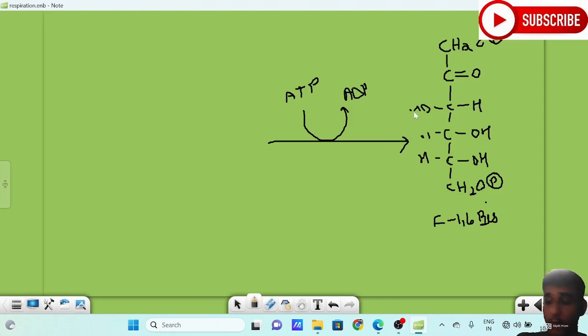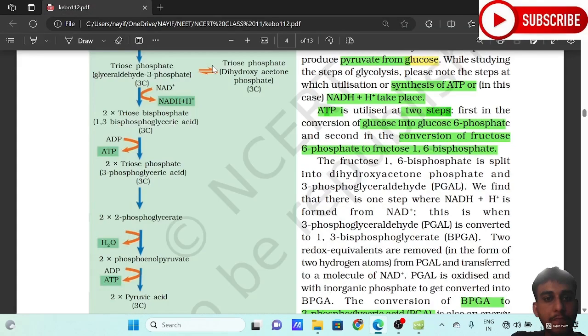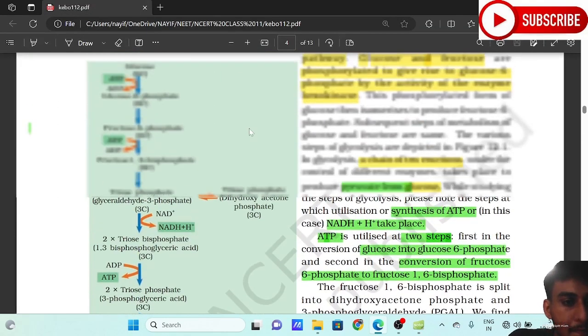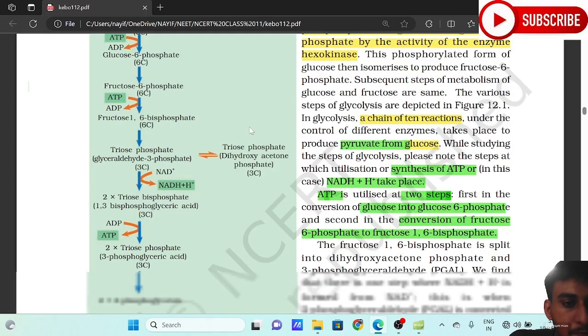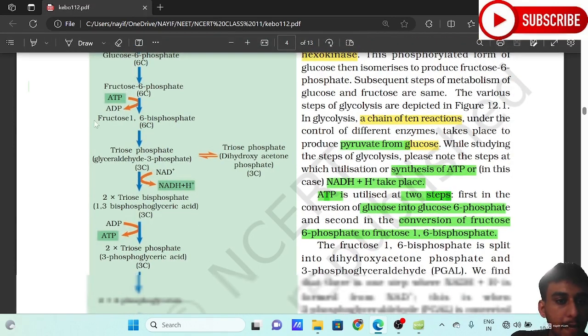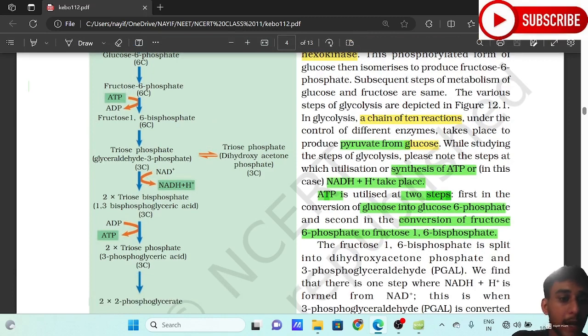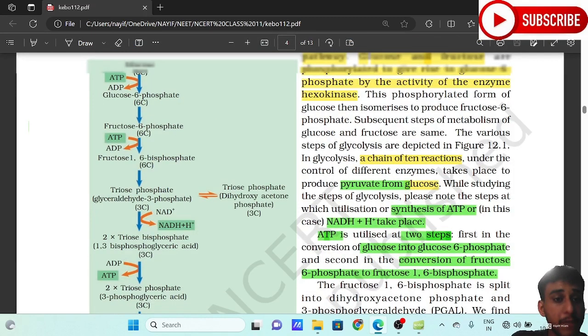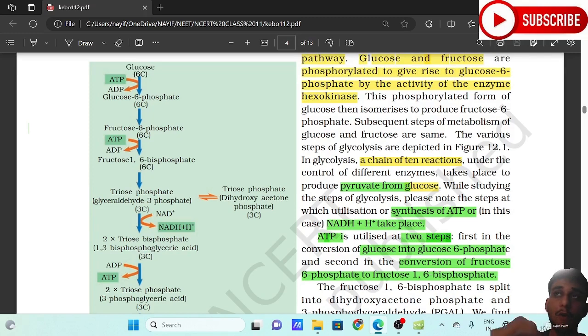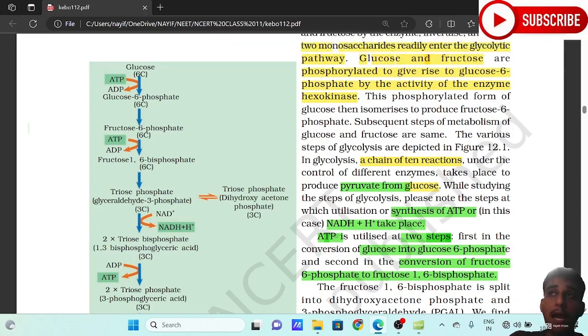This phosphate group has been added by an enzyme, so it will be a kinase enzyme. So fructose 6-phosphate gets converted into fructose 1,6-bisphosphate with the help of an ATP. ATP got broken down into ADP and the phosphate has been added, and a kinase enzyme is used.